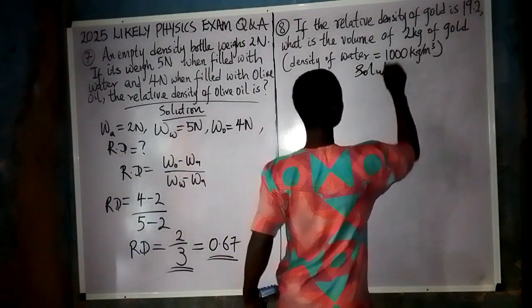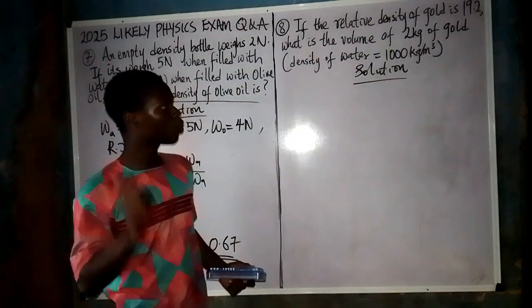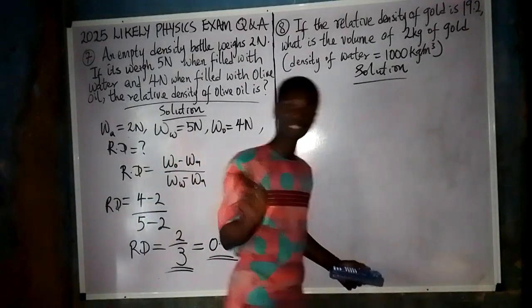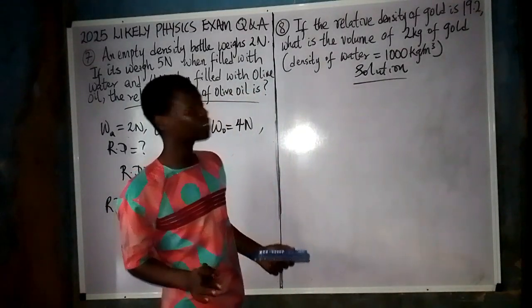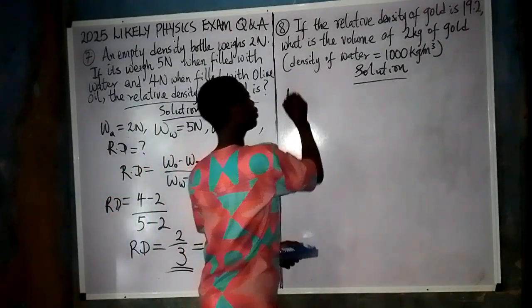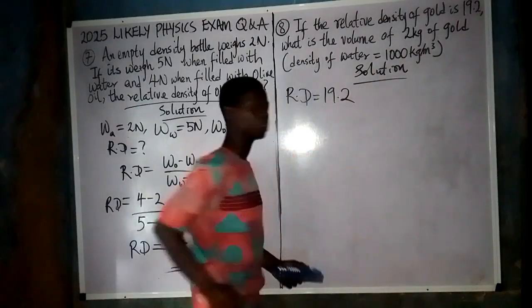Solution. It reads, if the relative density of gold is 19.2. Now observe, in this place, was there a unit? No unit. That is to show that relative density does not have a unit. So RD of gold is 19.2. So we progress.